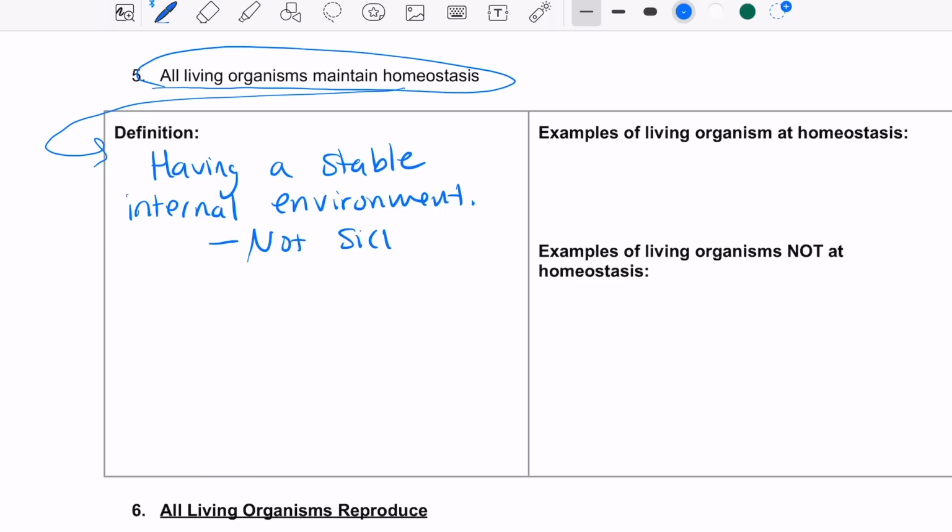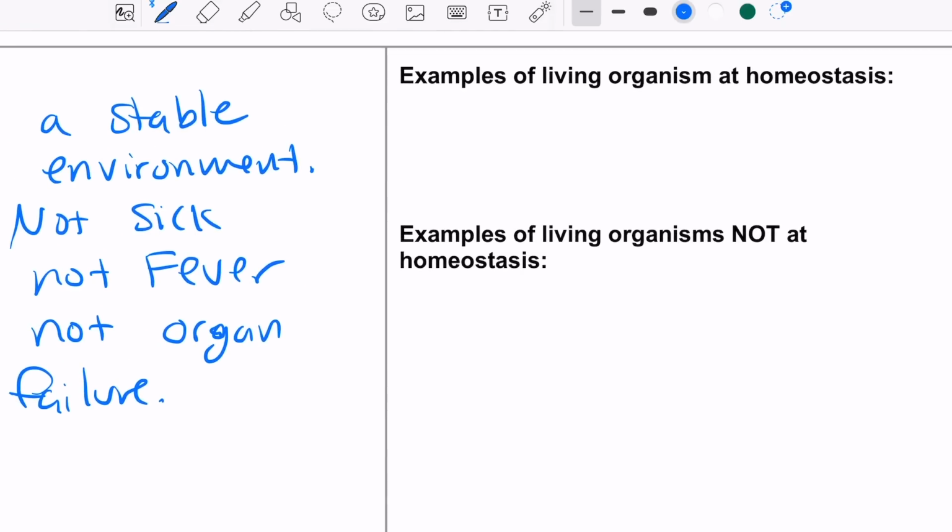You do not have a fever. You do not have organ failure. Everything in your body is good. It is stable. Well, what are some examples of living organisms at homeostasis?